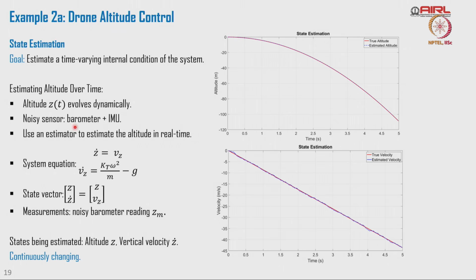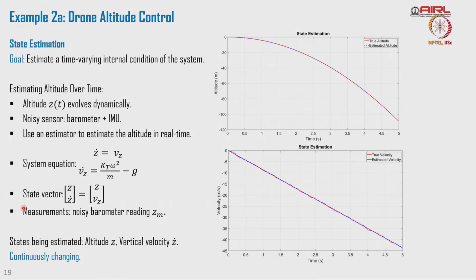I have a sensor measurement, I am using a barometer as well as an IMU, and use an estimator to get an estimate of the altitude in real time. That is, Z dot is Vz, Vz dot is kt omega square by m minus g. My state vector here is Z and Z dot.